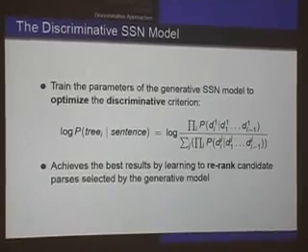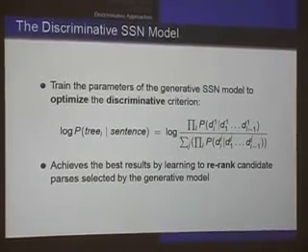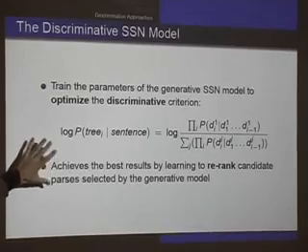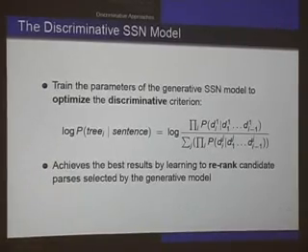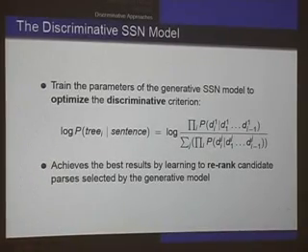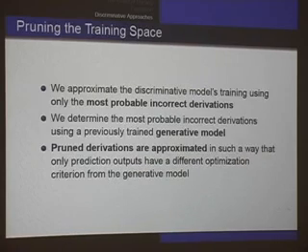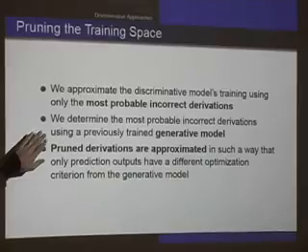At testing time, we actually use this model as a re-ranker over the generative model. Those are the results I've showed before, and that's because of the way we train it. Instead of summing over all possible parses, we sum over the most probable parses as determined by the generative model. But it's not just a simple re-ranking model.